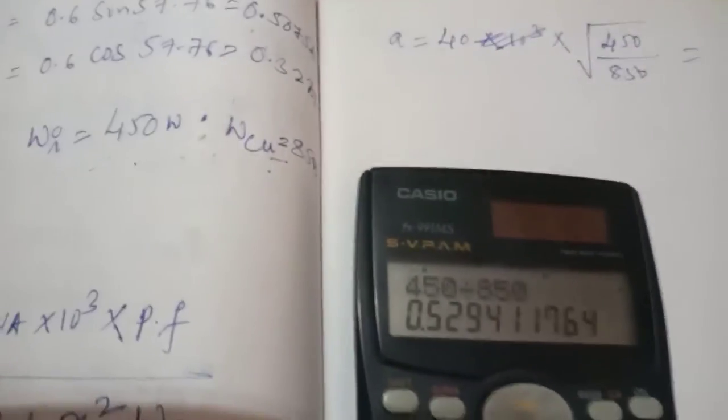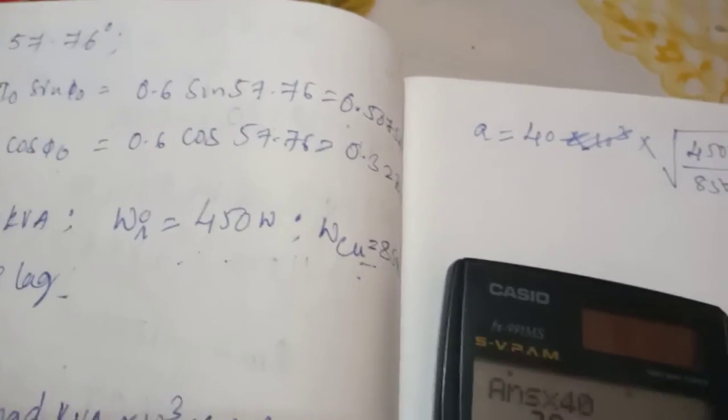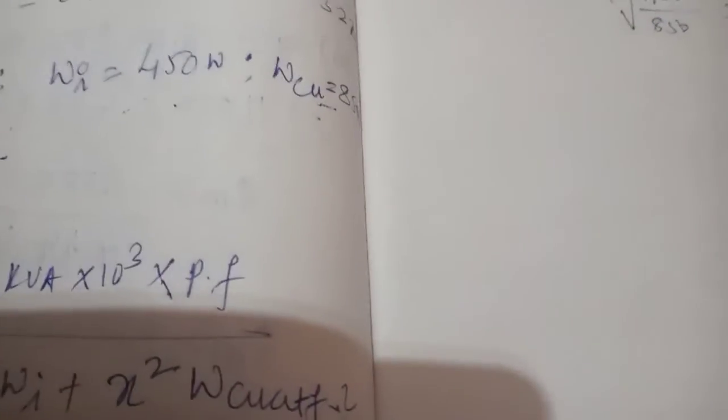Square root of the answer into 40 comes around 29.1 kVA. At 29.1 kVA, the efficiency is maximum.